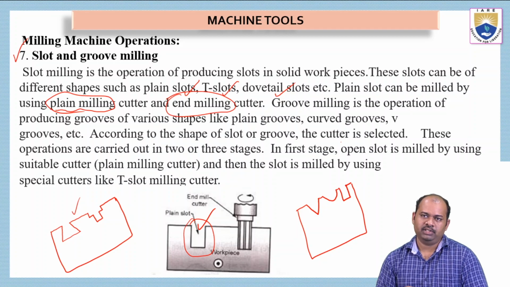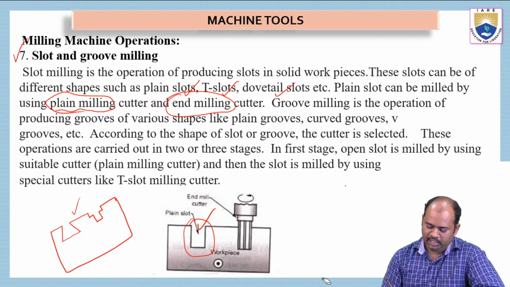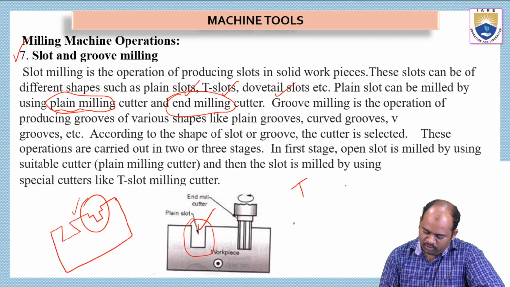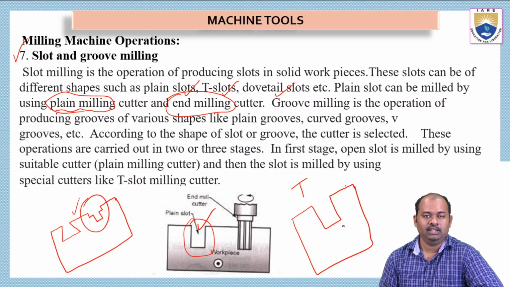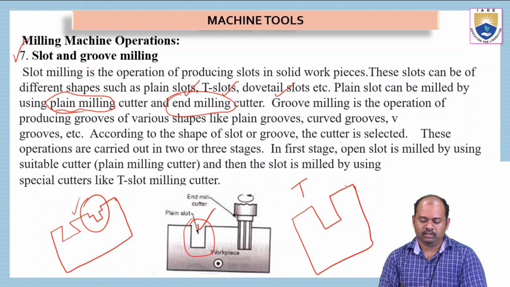So generally what happens is, if I want to make a V shape, or suppose I take the example of a T shape groove. I want to make this groove. Initially what I will do is, I will take the workpiece and I will make a rectangular plain slot. For making this plain slot, I need a normal end mill cutter. Okay, I will simply make a slot which is rectangular in shape. Then what happens?